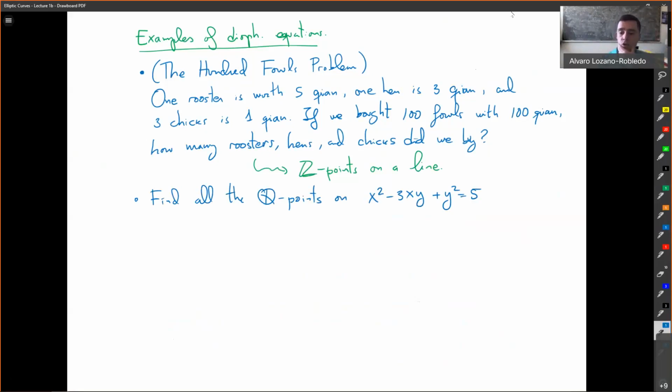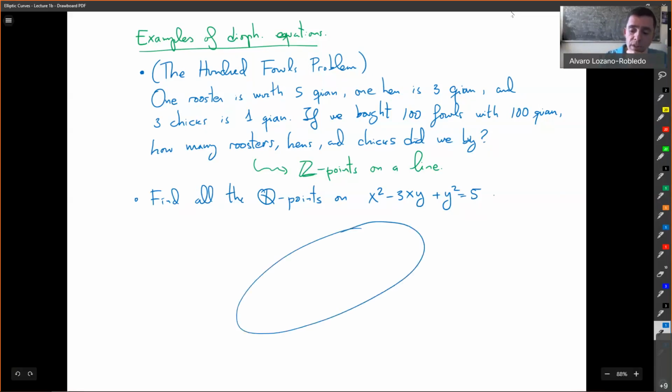So to do that, what one does is do a parametrization, and to do that, you use some stereographic projection. If you have a conic, you have to find one point first, but once you have one point, then you can trace lines. And when you trace a line with a rational slope, then you're going to find more points.